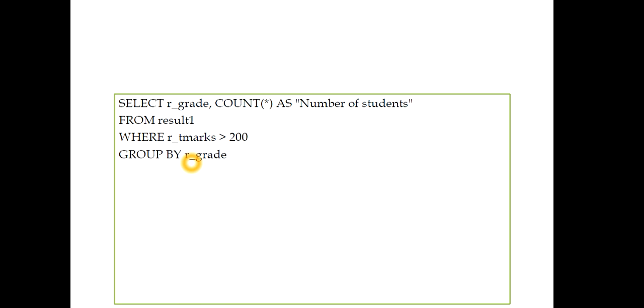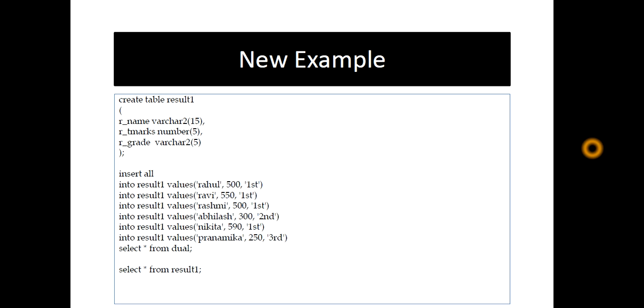See, group by, I am using this R grade. So do you know what this overall statement does? Try to analyze it. Okay, I'll explain. Just wait, I'll go through each of them practically.